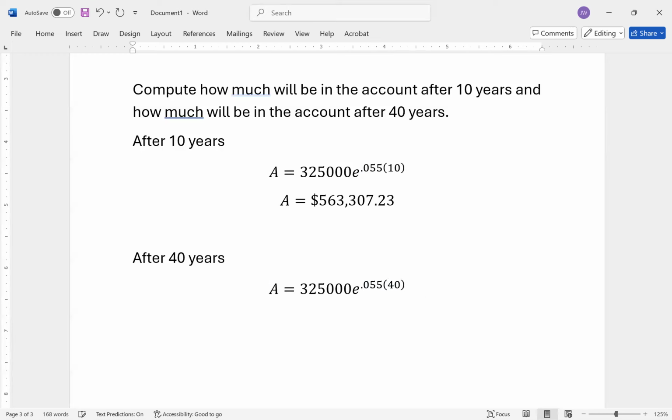The amount we'll have after 40 years, when I calculate this, is about $2,933,129.39. That's rounding to 2 decimal places. So we go from 325,000 initially to almost 3 million after 40 years.